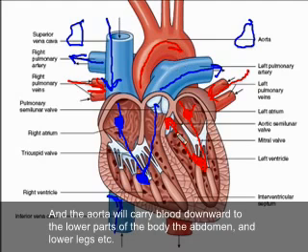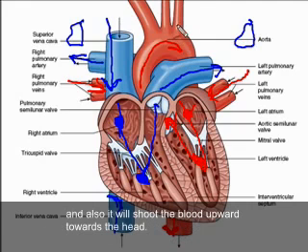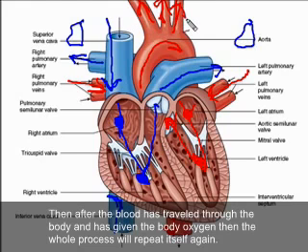And the aorta will carry blood downward to the lower parts of the body, the abdomen and lower legs, etc. And also it will shoot the blood upward towards the head. Then after the blood has traveled through the body and given the body oxygen, the whole process will repeat itself again.